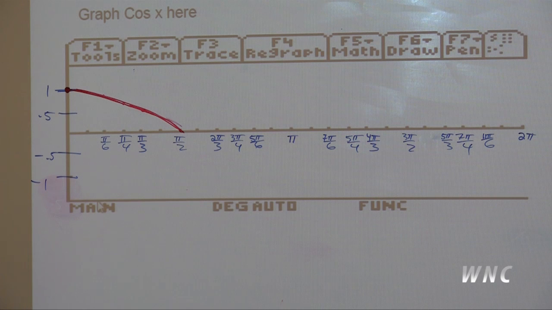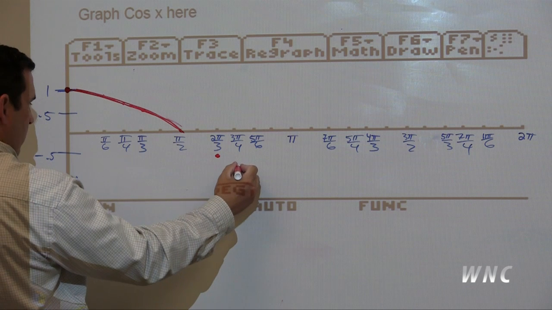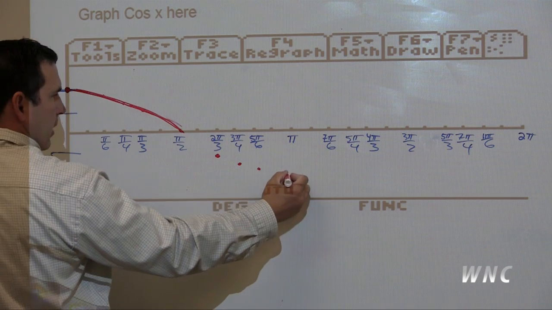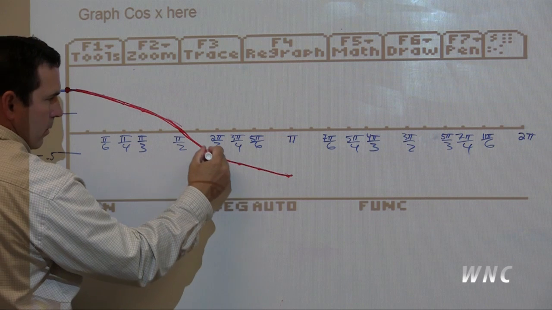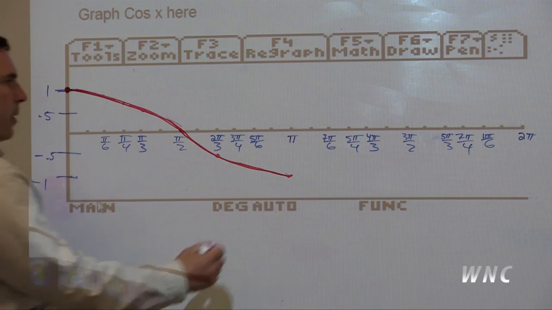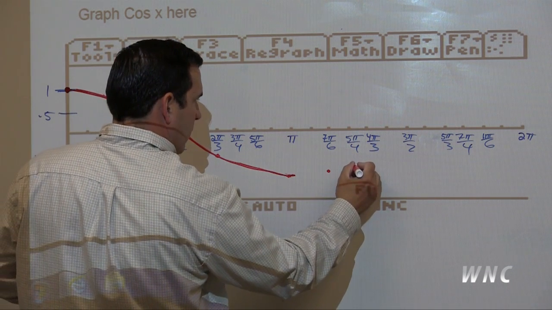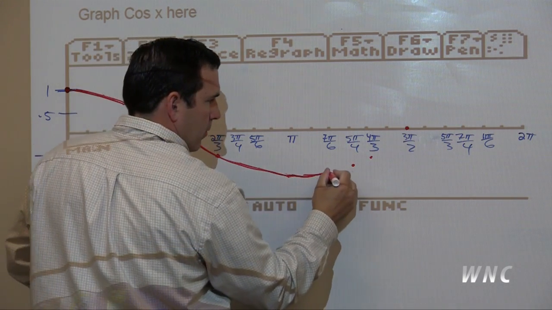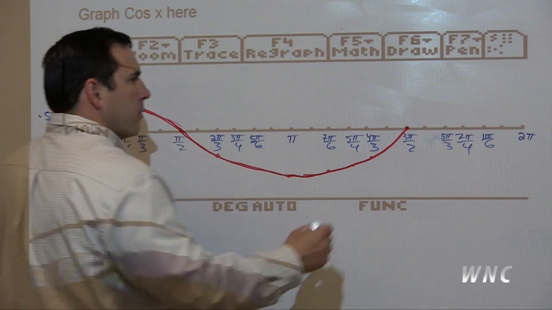Okay, now we're going to go down below, negative 0.5, negative 0.7, negative 0.86, and negative 1. So it comes down. And then we're going to start going back up again. And continuing.